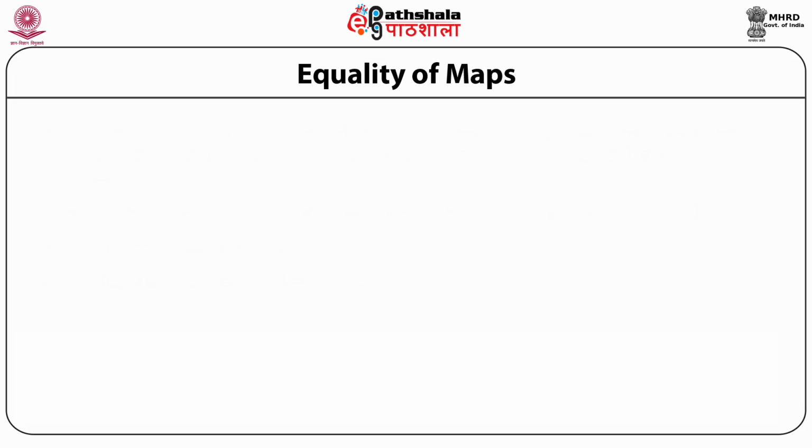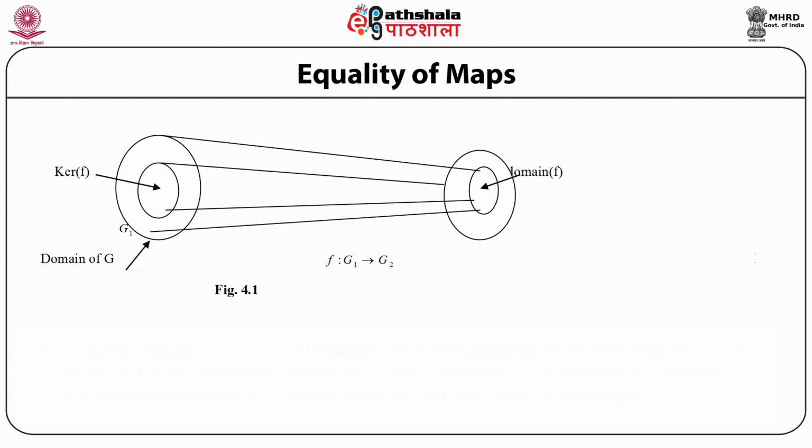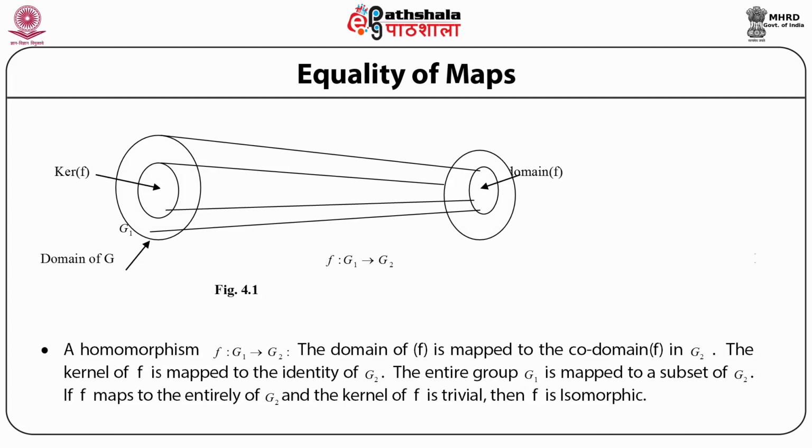We will now rephrase what we said earlier with the help of the figure shown in the slide. Consider a homomorphism F that maps the group G1 to the group G2. The domain G1 is mapped to the codomain G2. By definition, the kernel of G1 is mapped to the identity of G2.